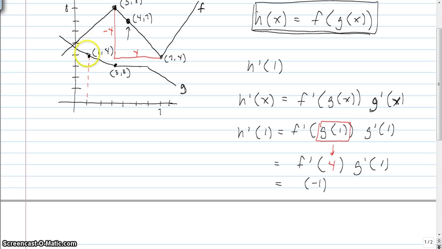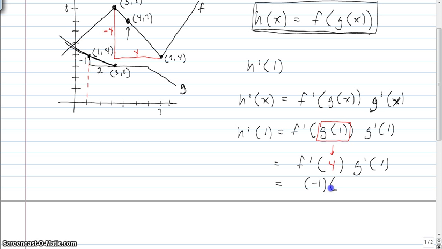And then I need to do the same thing on the graph of g when x is 1. It's hard to tell, I haven't drawn this very well, but this should be a line coming through here, kind of a crooked line. I can read the rise over the run, and it looks like my rise is minus 1 because I go from 4 to 3, and the run is 2 because my x's go from 1 to 3.